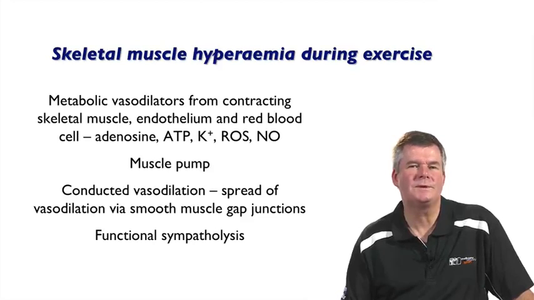This means that the vasoconstrictor effects of sympathetic nervous activation of sympathetic nerves to blood vessels in the active skeletal muscle is less effective during exercise than it is at rest. It's thought that some of these metabolic vasodilators desensitize or make less effective sympathetic nerve activity during exercise.